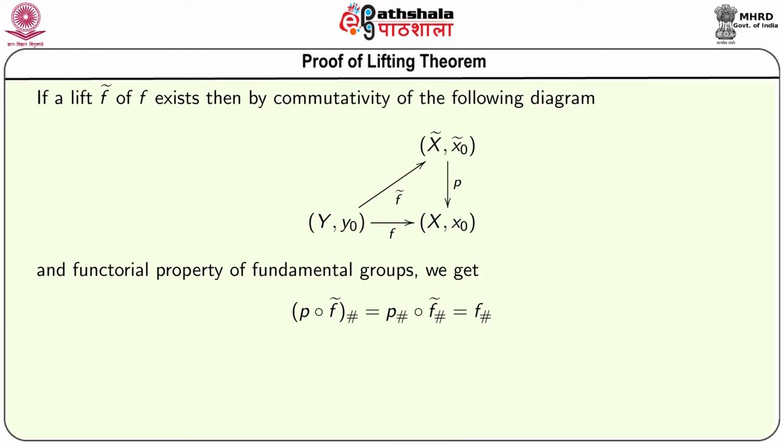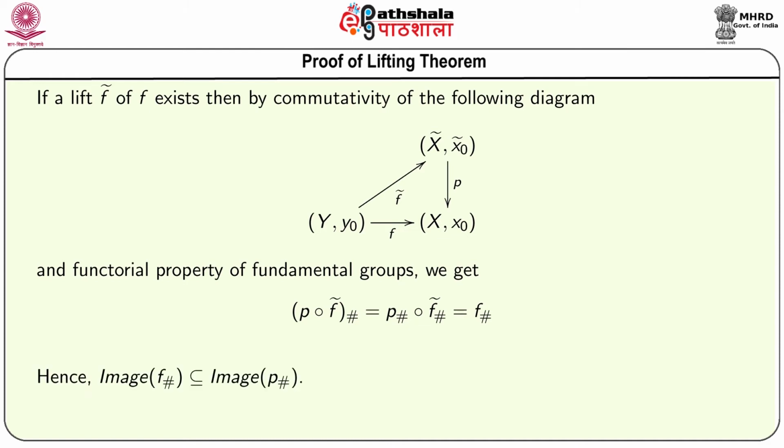So, we start with the fact that suppose f tilde exists, then by the commutativity of the diagram as shown here and applying the functorial property of fundamental groups, we get that p composed f tilde sharp is equal to f sharp.